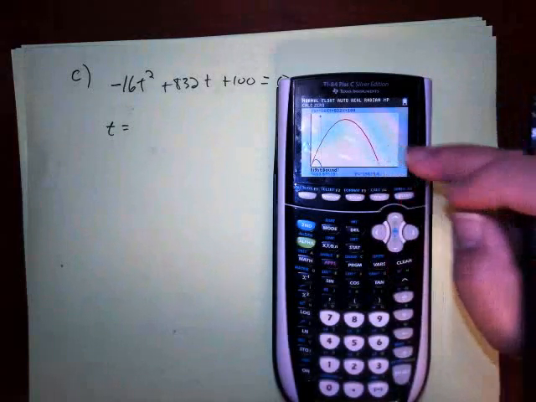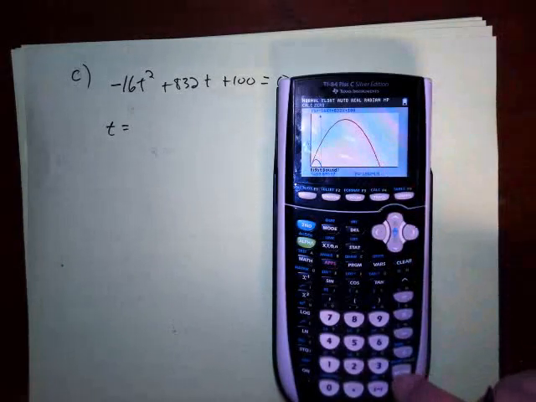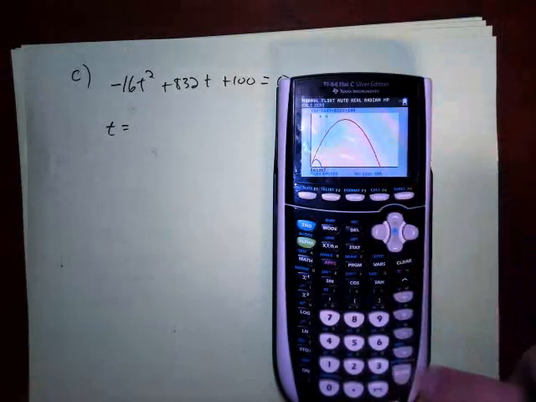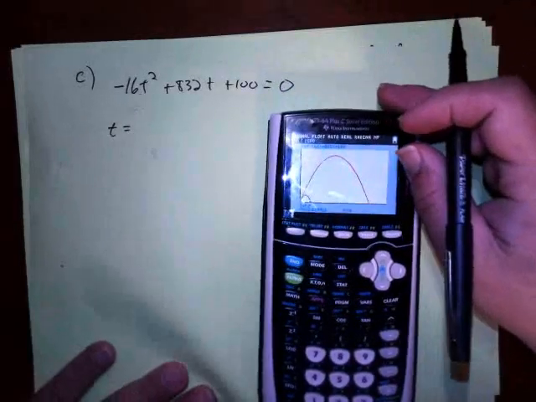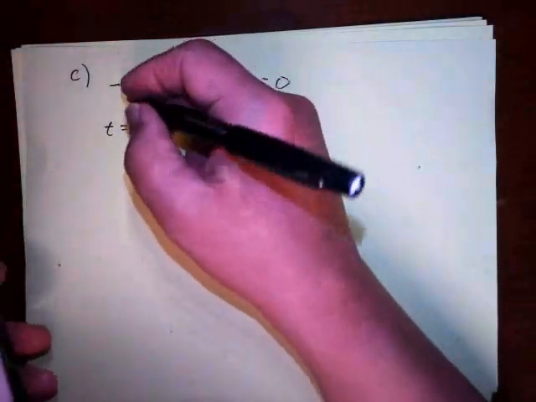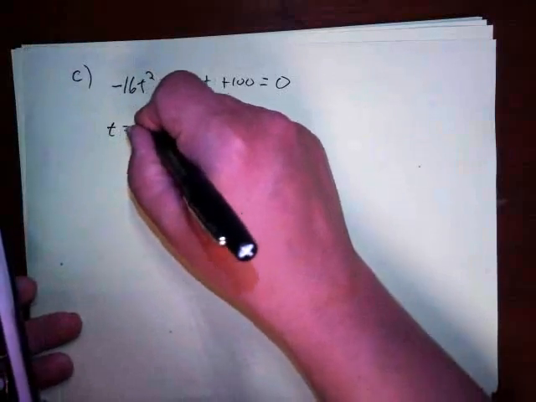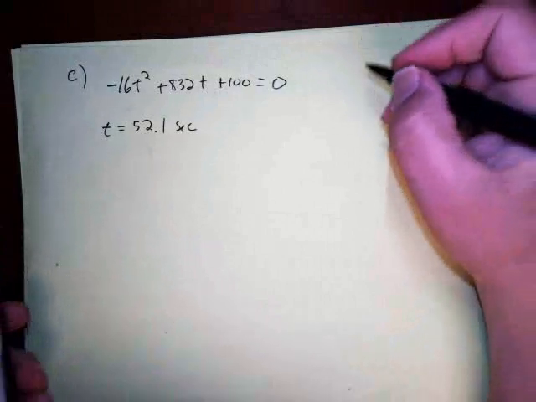It was way over here, probably around 200 is where the root was. And then I'm going to go in between them, and I find that it hits the ground at 52.1 seconds, right?